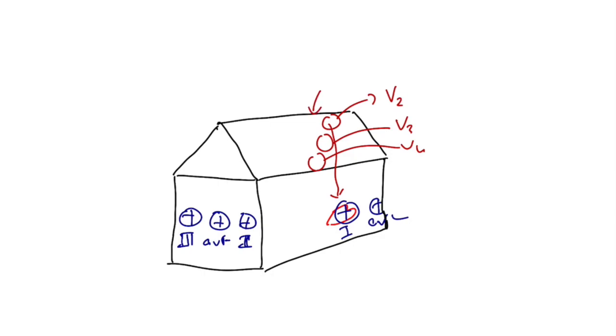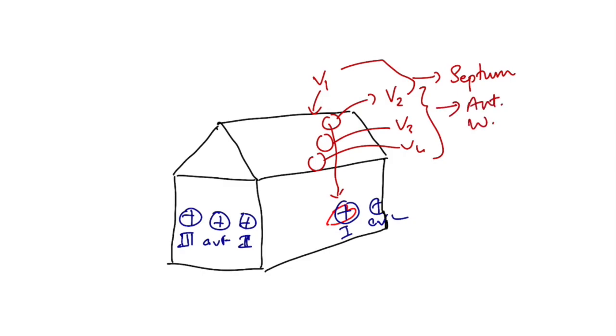There's another tile over here which I cannot draw and show you. That will be V1. V1 and V2 represent the septum. So if you look through V1 or V2, you are looking at the septum. V2, V3, V4 represent the anterior wall of the heart.